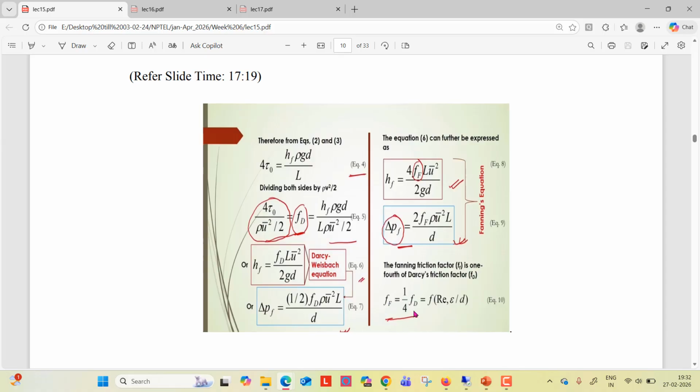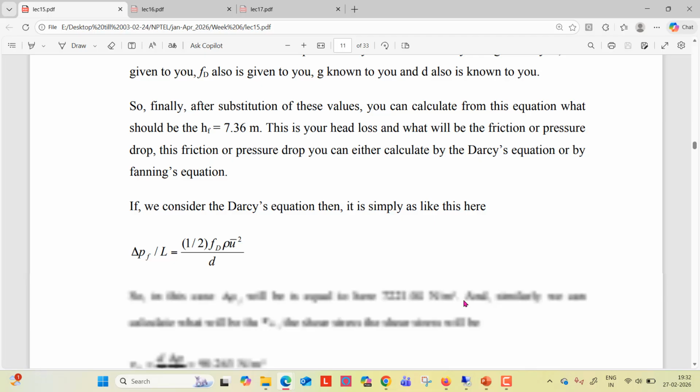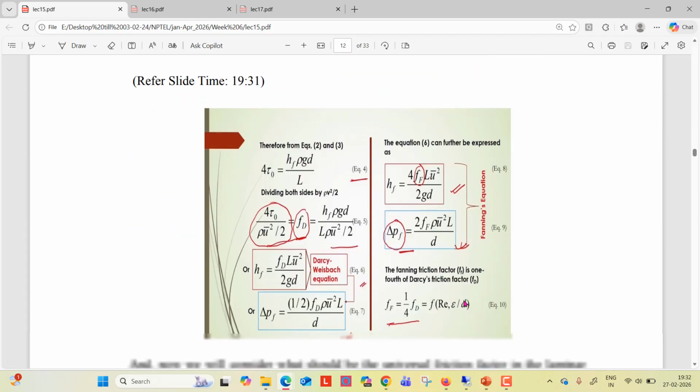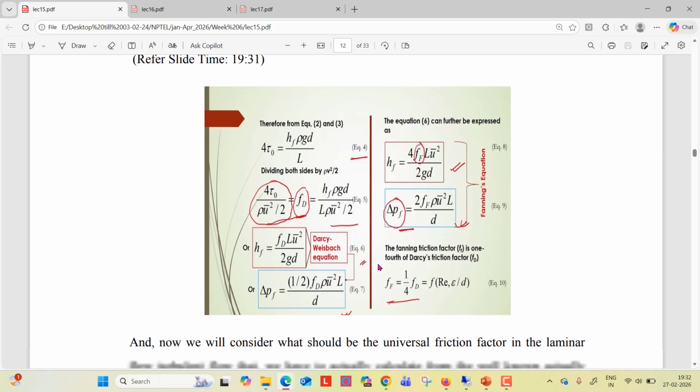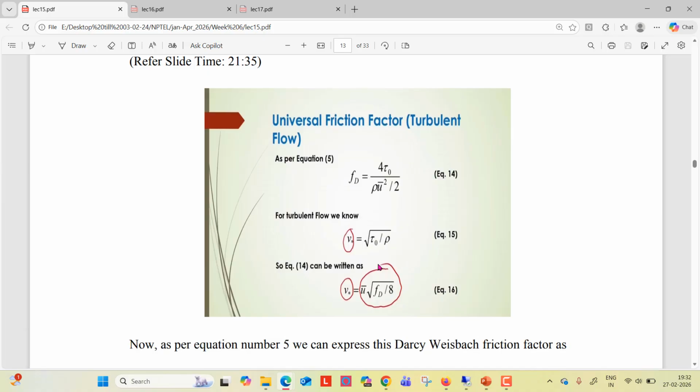So you have seen that Darcy's friction factor is 4 times Fanning's friction factor. So this is written like this, right? This is the same thing. So this is the Darcy expression.